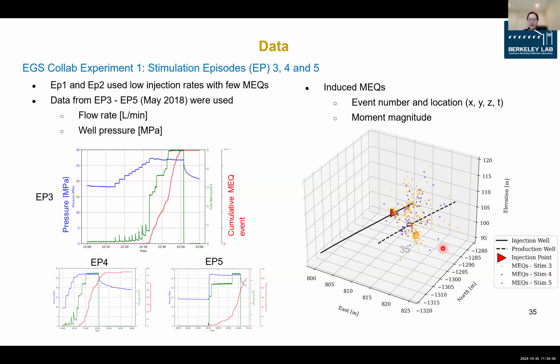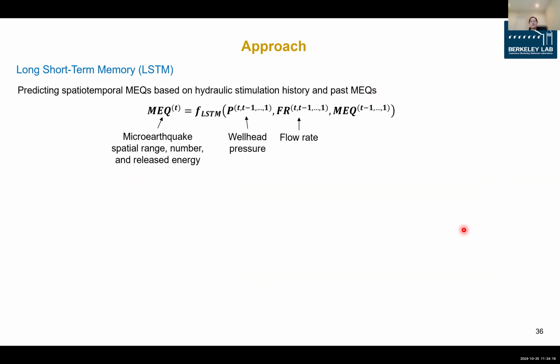In addition, this video shows that during different stimulations, the MEQ events in terms of where they are, and we also have data about their moment magnitude. So the first approach that was taken was long short-term memory.